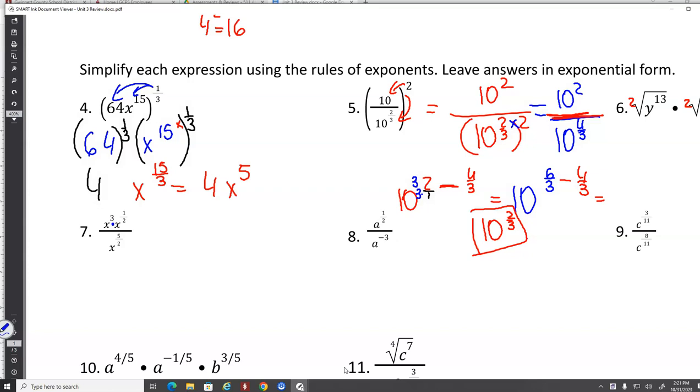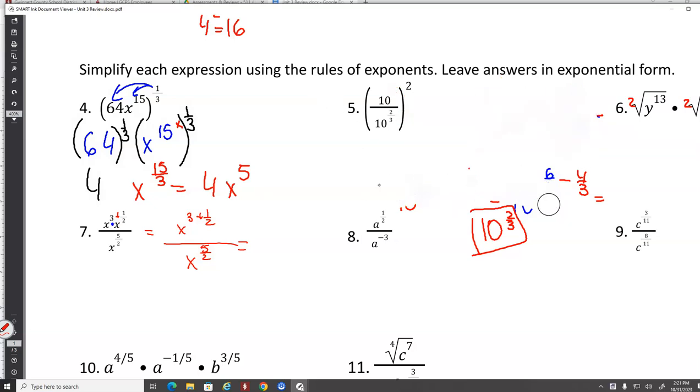So that means I need to add their exponents first before I subtract them. So this is x to the 3 plus 1/2, divided by x raised to the 5 over 2. Now, 3 plus 1/2: if I want to simplify these fractions and make their denominators the same, I'm adding 3 plus 1/2 here.